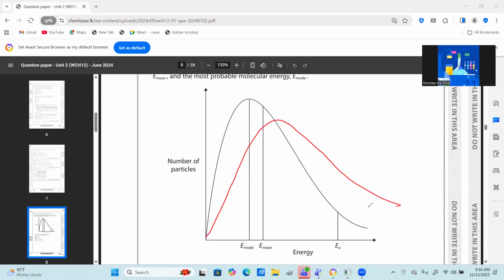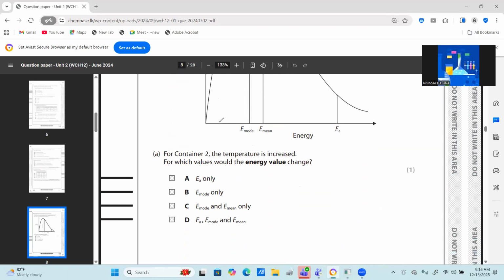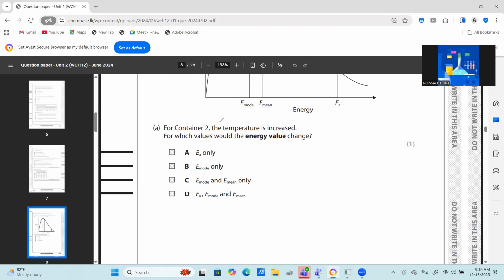Then E mode will change, E mean also will change. Activation energy remains the same. You can see now more particles are capable of forming products. Energy value will change only for E mode and E mean.